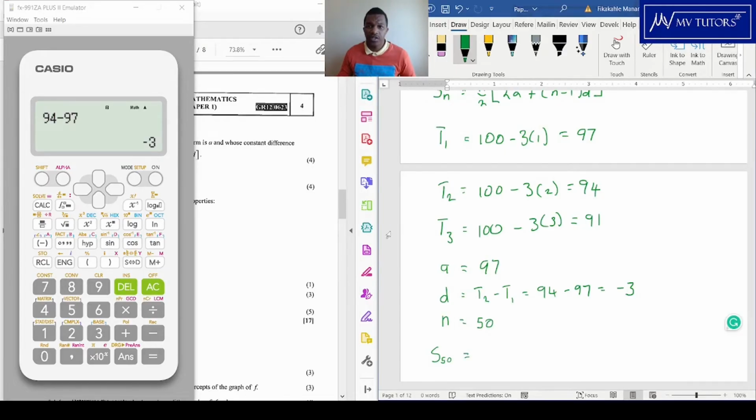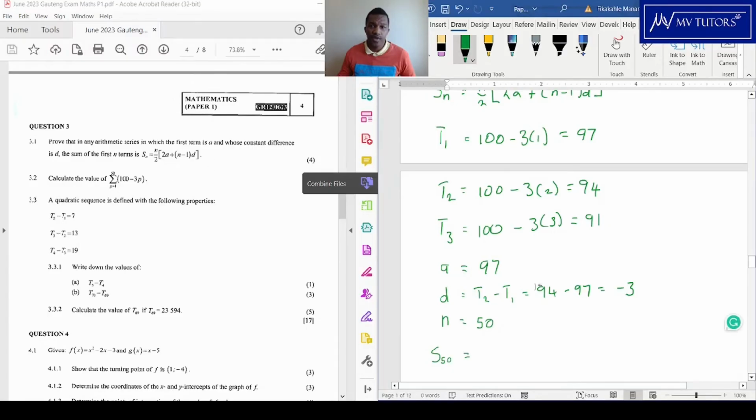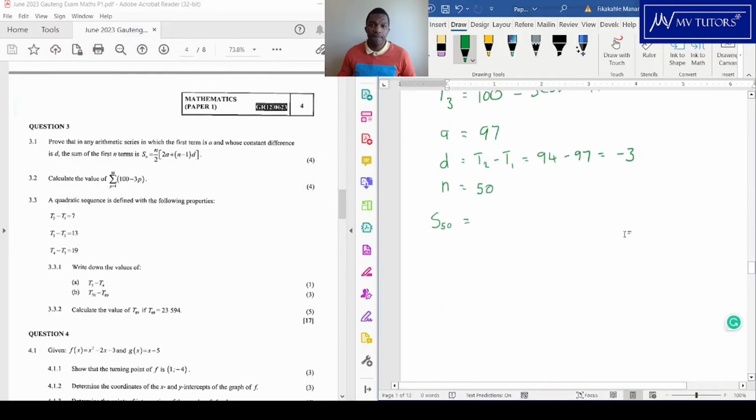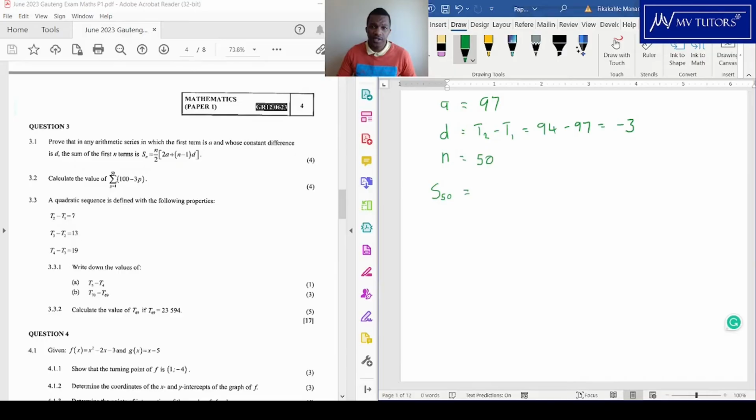And in our equation, if you look at our Sn equation, it's n over 2, so it's going to be 50 over 2. Oh, there's one thing I forgot to do here. When it comes to the number of terms, you always say plus 1 minus 1 or minus 1 plus 1.